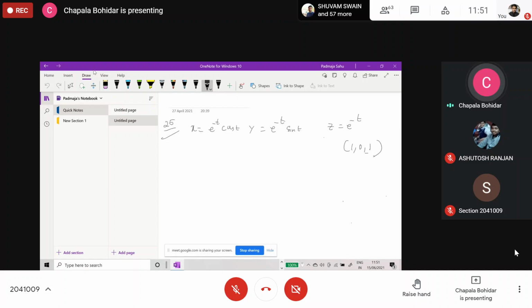The binormal vector. Very good. So if you get the component of the binormal vector and the point that is given to you, you can find out the equation of the osculating plane, isn't it?